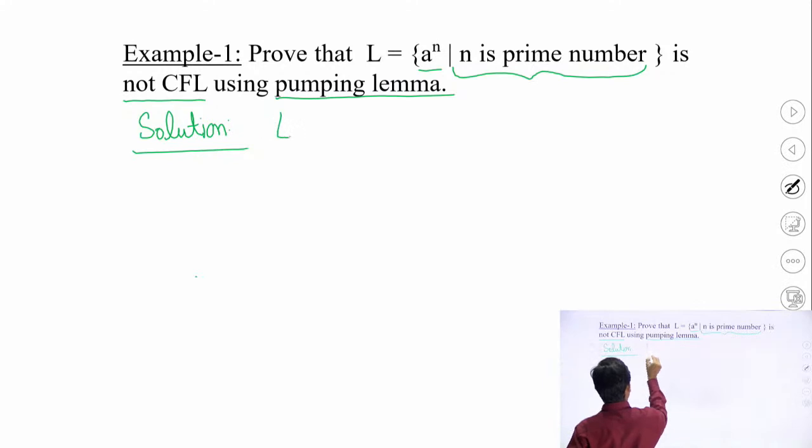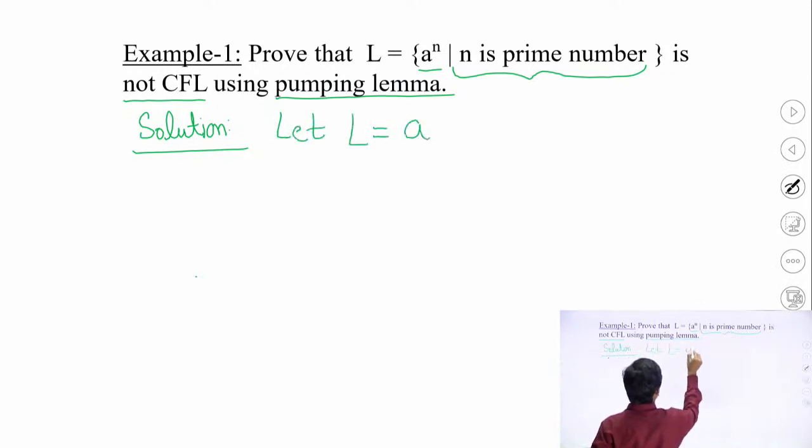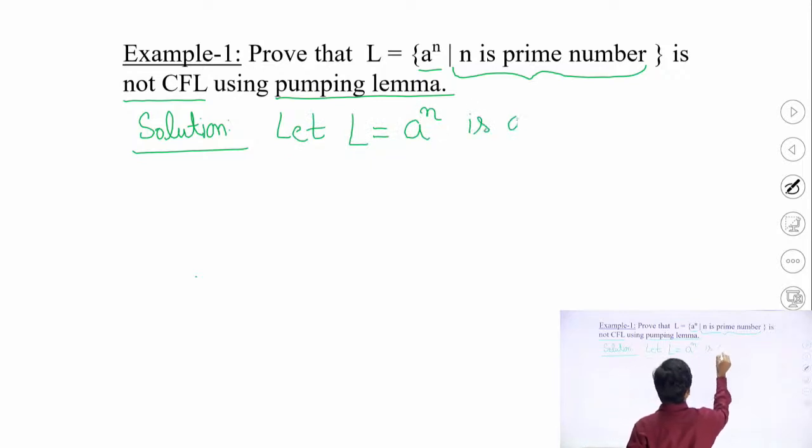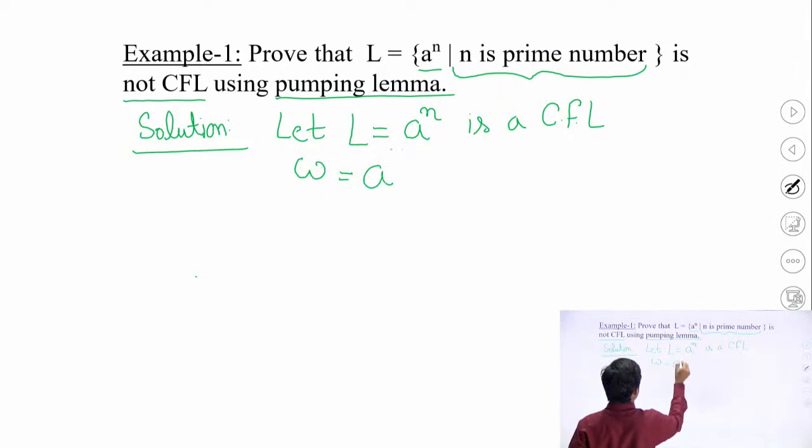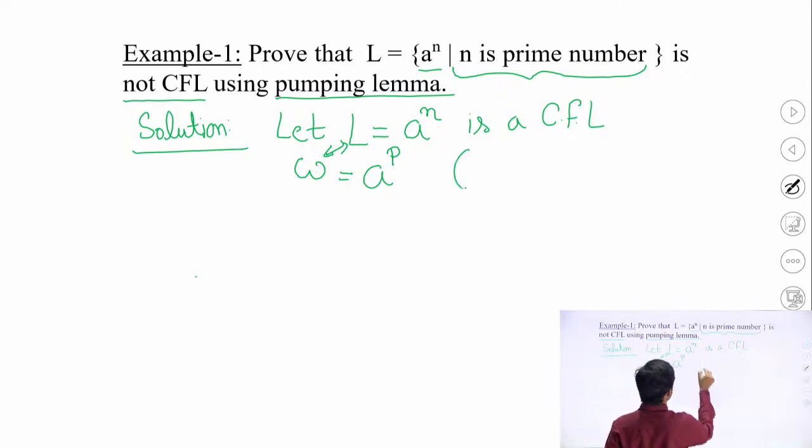So let the language L, a raised to power n, be a context free language. Suppose it is a context free language. Now w is equal to a raised to power p. And what is p here?